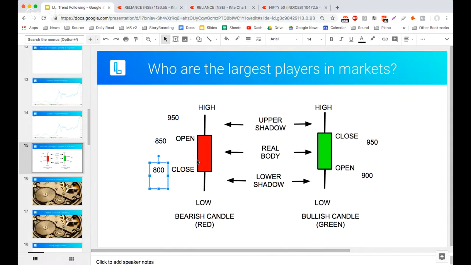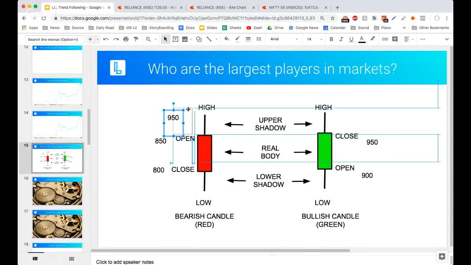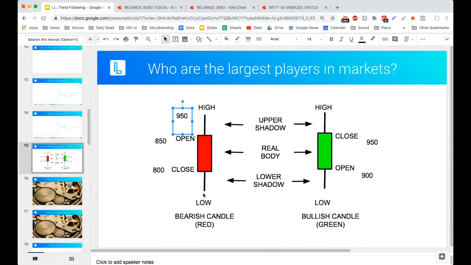Hence, this is a red bar. So the open is over here, and you can see the prices on the right, not in this one, but the open is 850, close is 800, and it's a red bar because the price went down. Then, of course, we have the high and low. During the day, maybe the market touched a high of 950, and we show that as a wick over here, and maybe during the day the market fell down. Let me add one more.